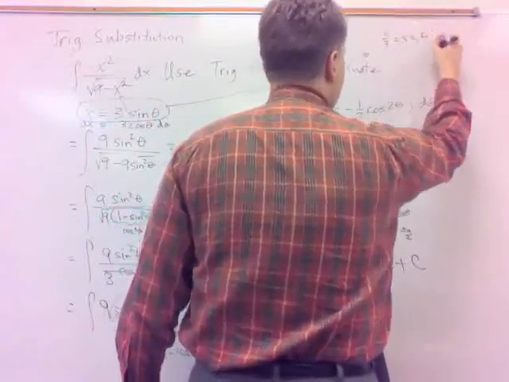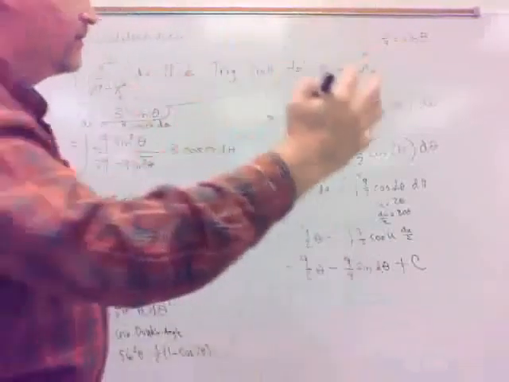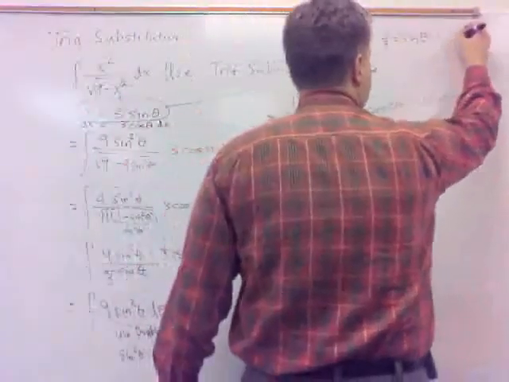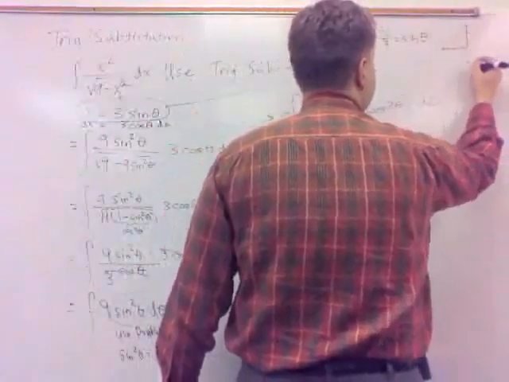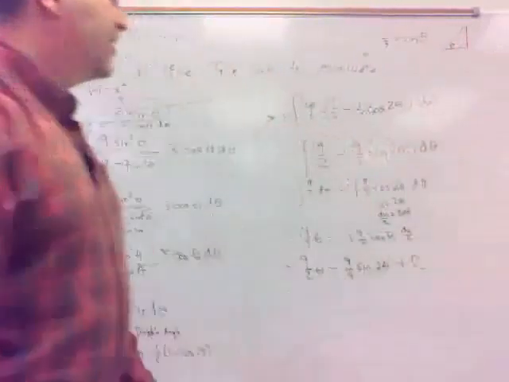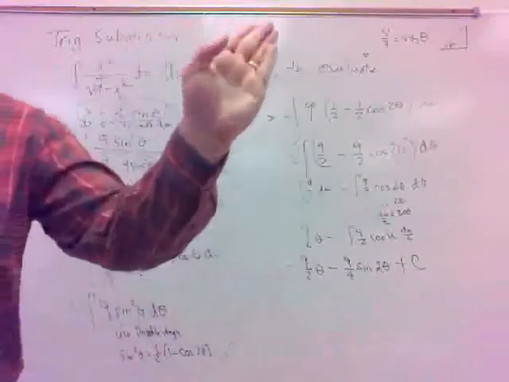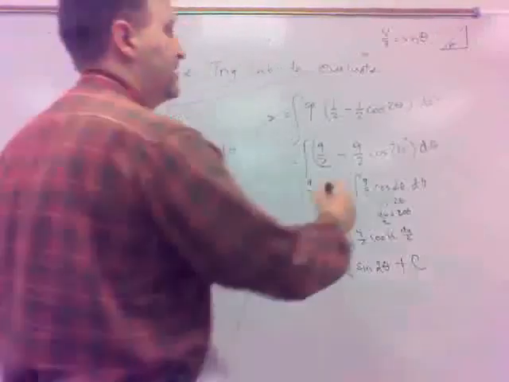Well, one thing I need to know is what theta is. And if I do the right triangle, I can figure out an expression, but I don't even have to do that if I'm just wanting theta. So if x over 3 is sine theta, what would theta be?